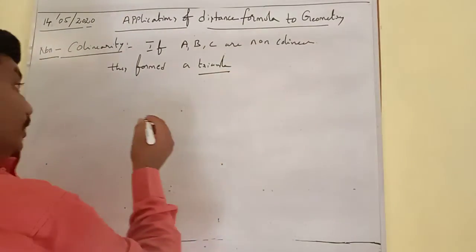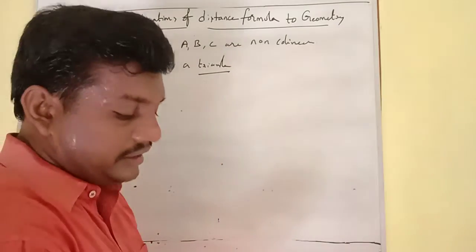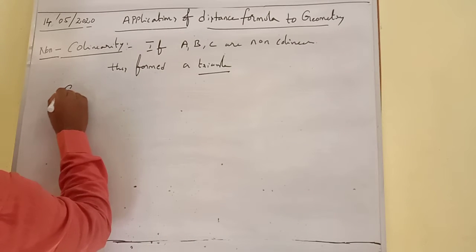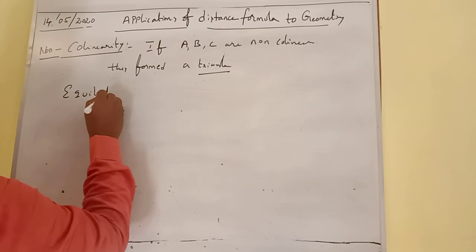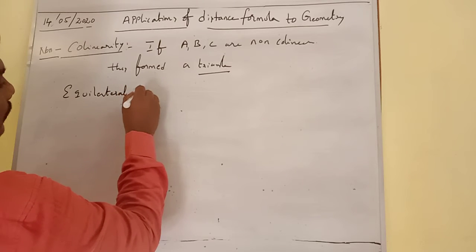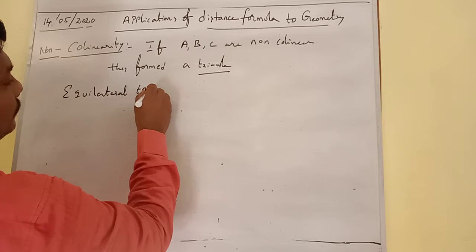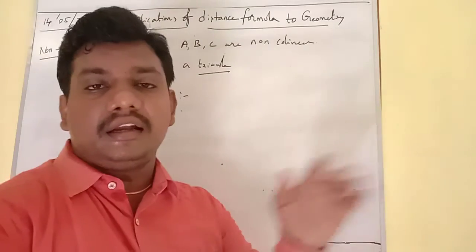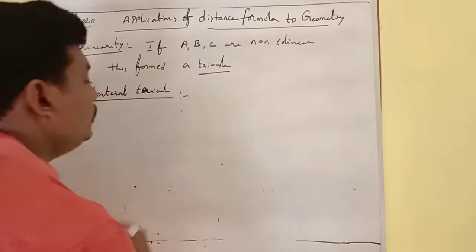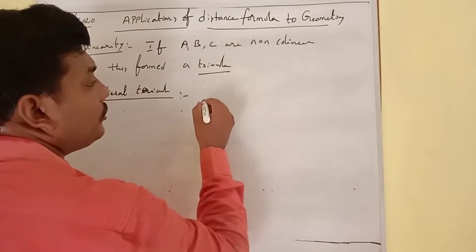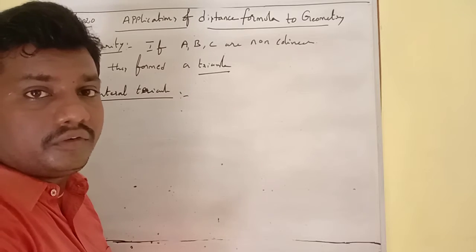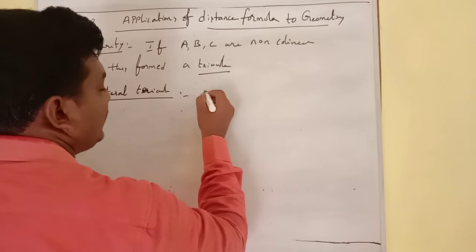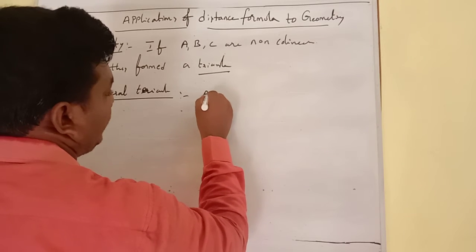Next, types of triangles based on the sides. First we have to see the equilateral triangle. If any triangle is equilateral, what do we have to know?